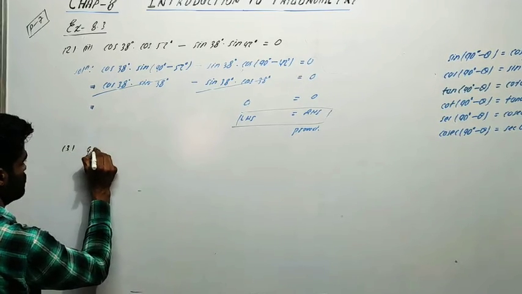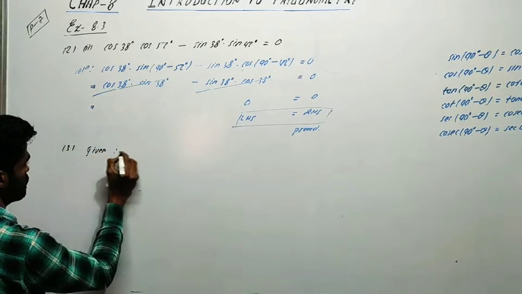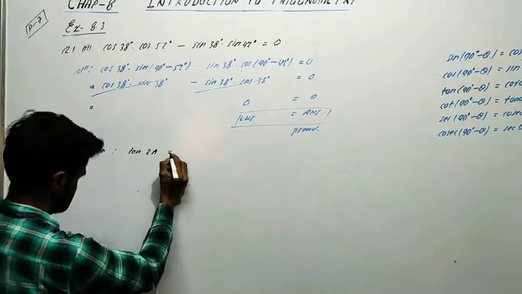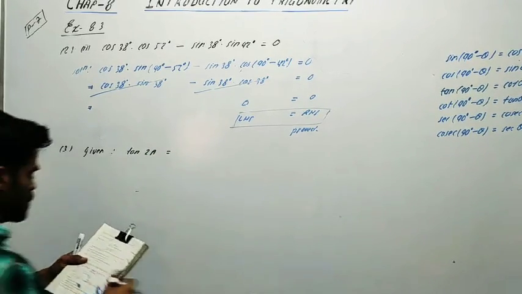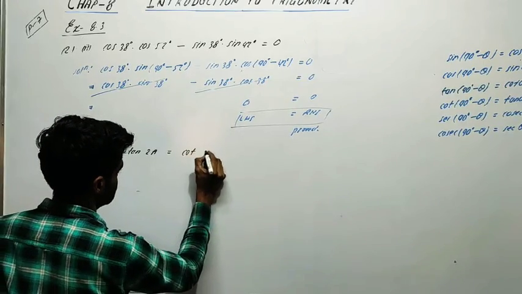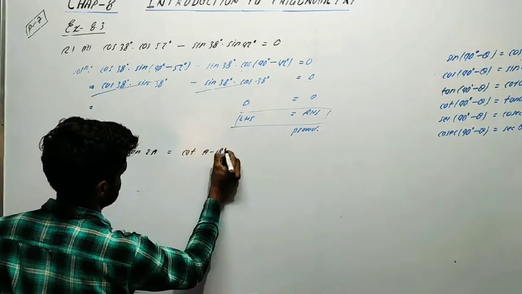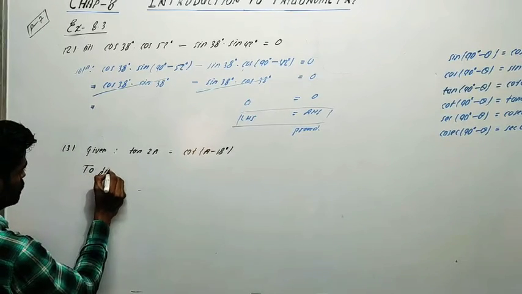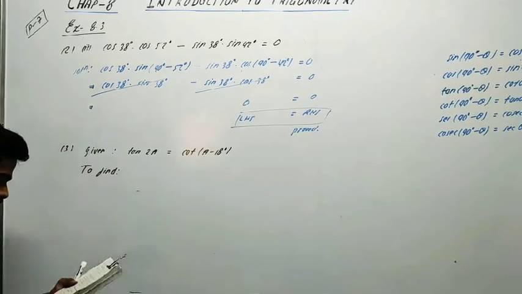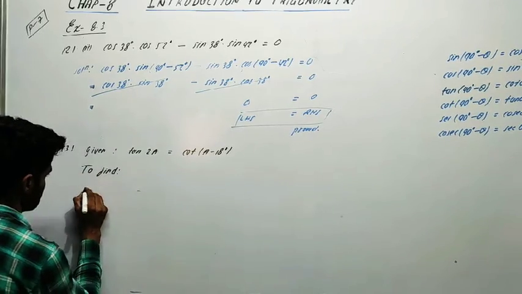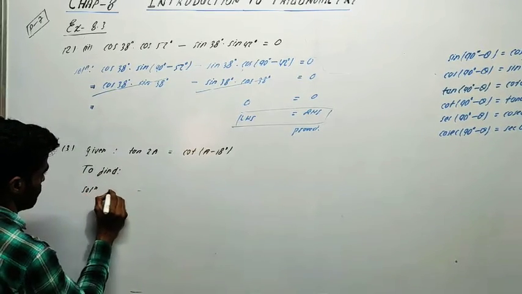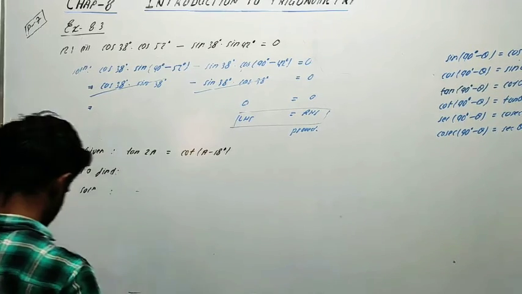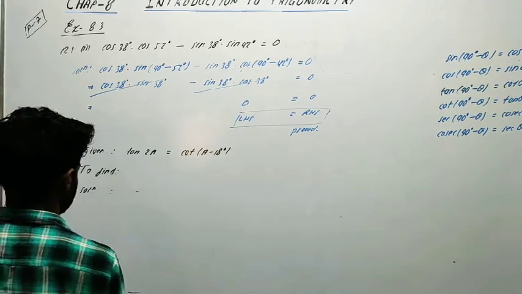So, given tan 2a is equals to cot a minus 18 degree, to find the value of a.